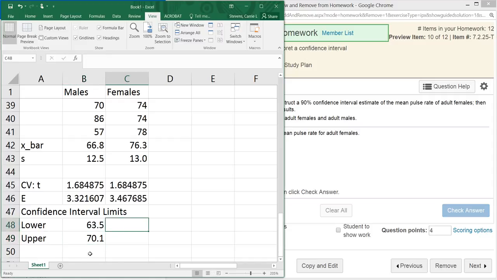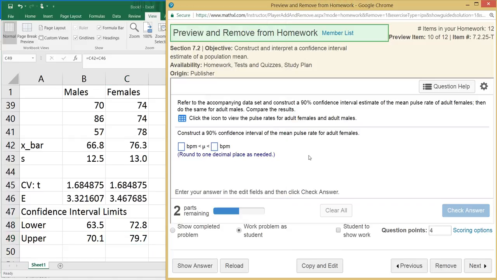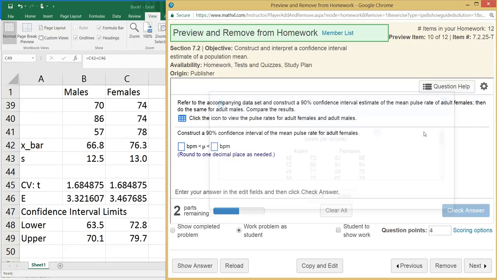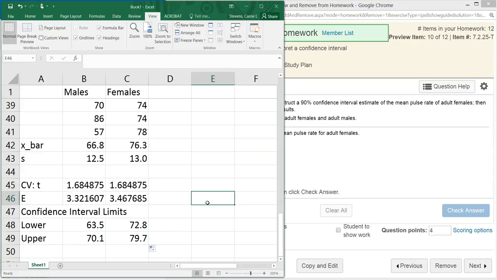For the females, you might have guessed that I can drag that over once again, and I have all my answers there. So that's how you handle a problem like this one. On first glance, you might open it up and panic because there's so much data and because you have to do not one, but two confidence intervals. But it's really not all that bad, is it? No. With Excel, it's not a big deal, right?